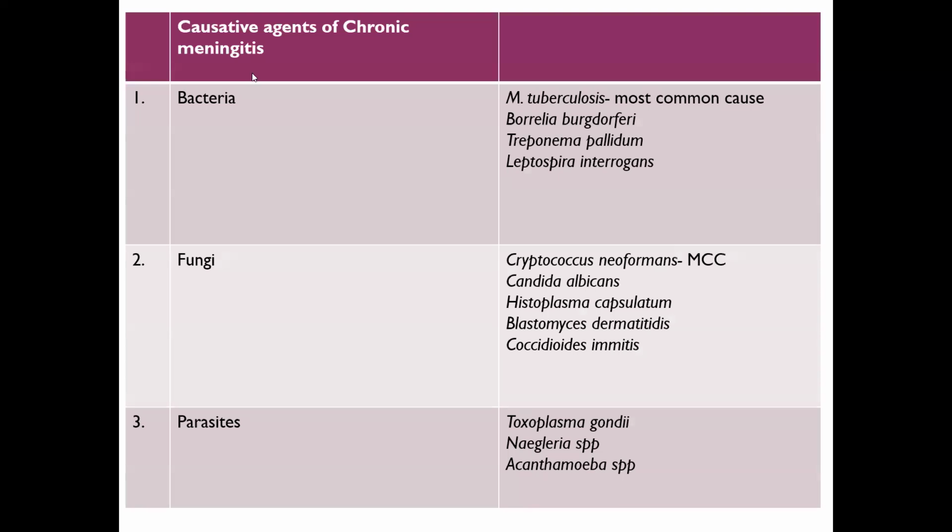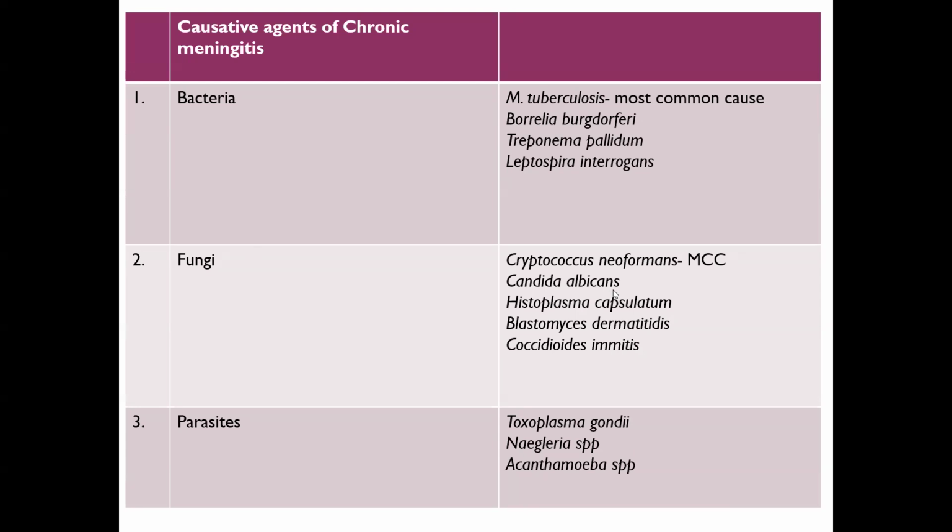What are the causative agents of chronic meningitis? Bacteria such as Mycobacterium tuberculosis, which is the most common causative agent, Borrelia burgdorferi, Treponema pallidum, and Leptospira interrogans. Next, fungi such as Cryptococcus neoformans, the most common causative agent, which is present in birds, especially in pigeon droppings.